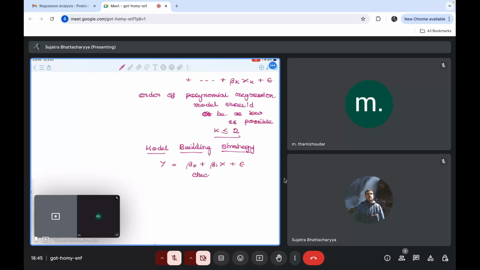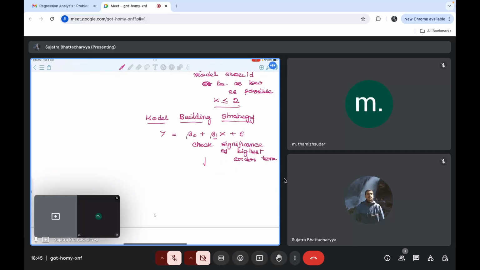Which is the highest order term here? X to the power 1 is the highest, so beta 1. You check the significance of beta 1. If beta 1 is significant, then you go for the next order of polynomial.